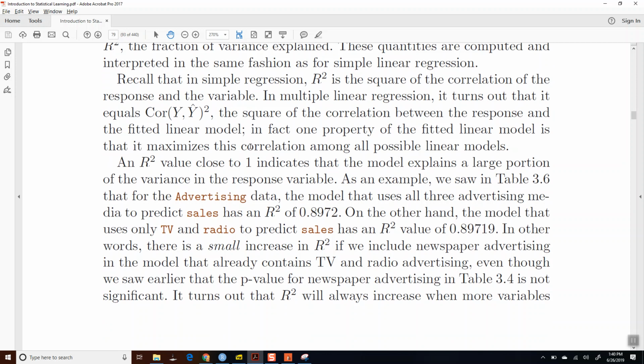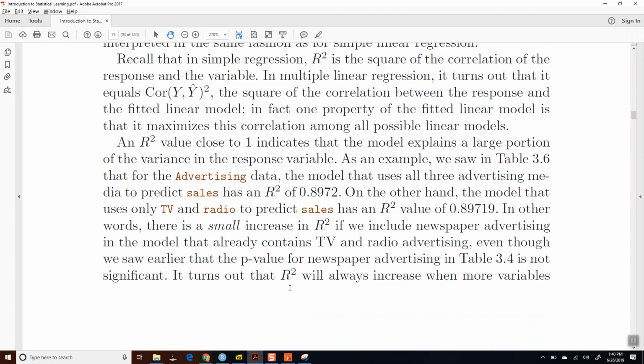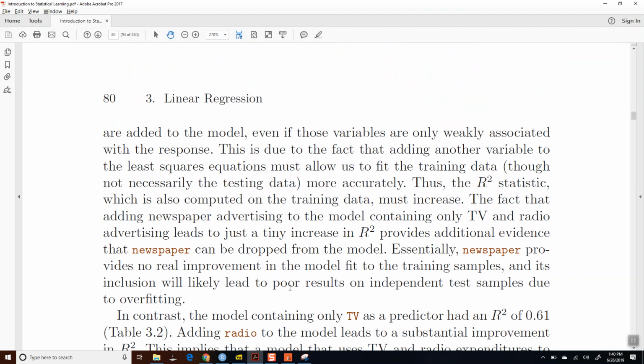But one of the issues is that R-squared will always go up if you add more variables, okay? If you add another variable, you're going to be able to explain a little bit more variance, okay? Because usually you can find even just the slightest pattern in something, right? You're trying to predict how much money somebody's going to spend at the store, and let's say you've gathered all sorts of variables, okay? And maybe the significant variables are things like, I don't know, whatever displays you have and how much money was in the person's pocket.